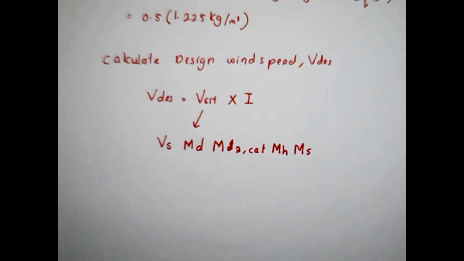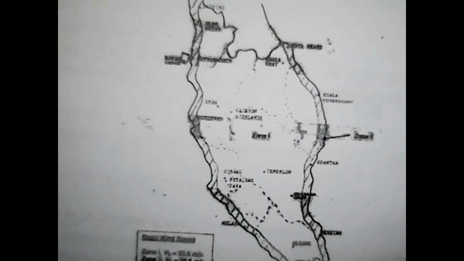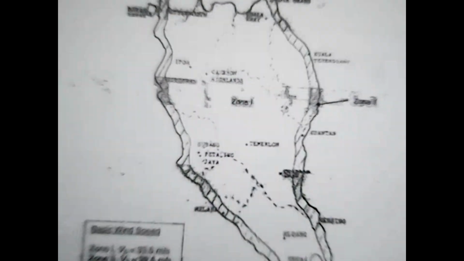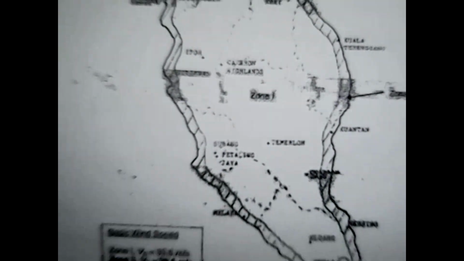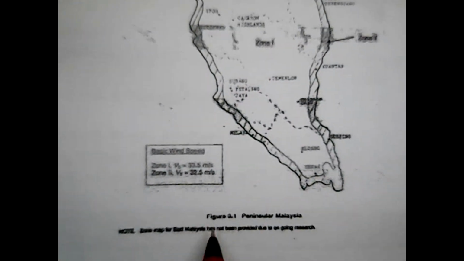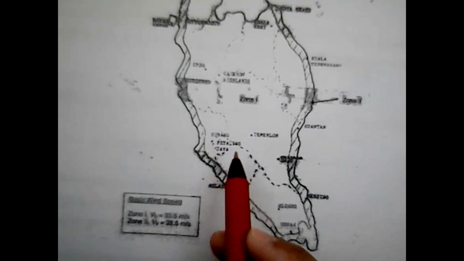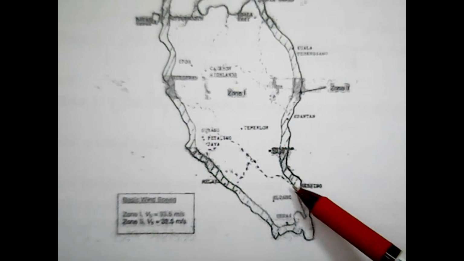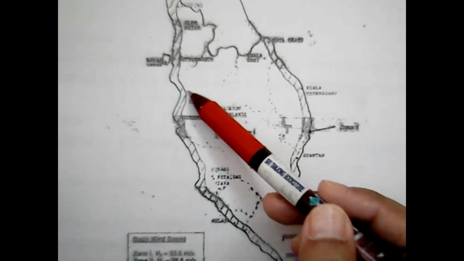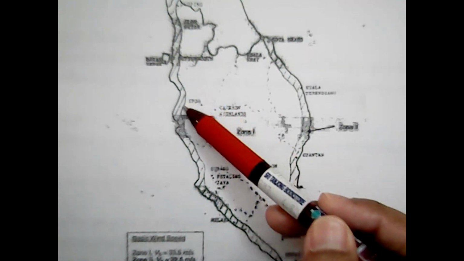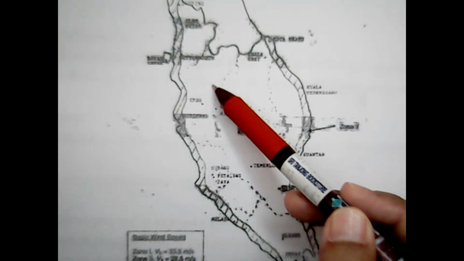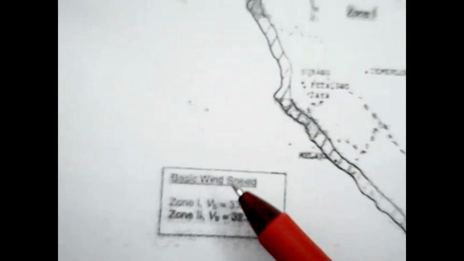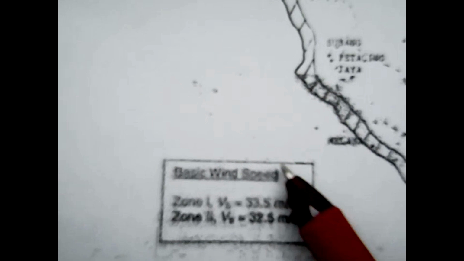Okay, for VS, you can determine it by using figure 3.1, which is this figure. It's not very clear, so you have to use this figure. This figure 3.1 indicates which zone your structure is in. In our case, our structure is in Ipoh. So when it is located at Ipoh, you have to read this box.